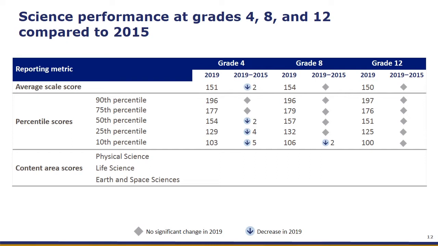At grade 8, you also see the lowest performers declining, while grade 12 has no change. The decline that we're seeing amongst the lower performing students, particularly the 25th and the 10th percentiles, is concerning because this is a pattern we've seen before in other subjects.